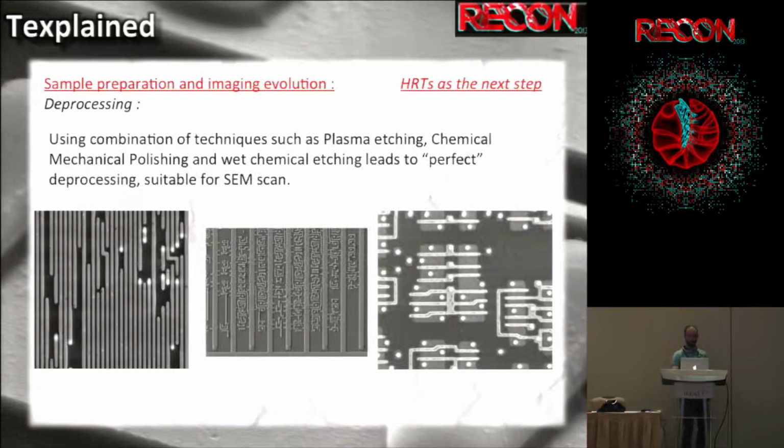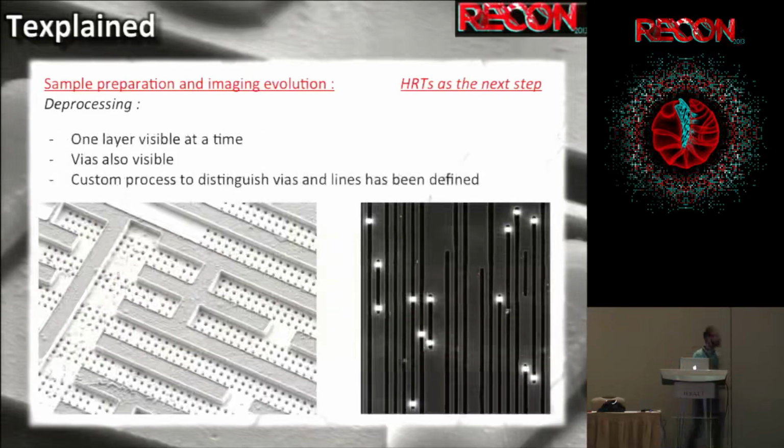And the thing is not so hard, in fact. We solved that problem by just removing the line. If you remove the line, you still have the via. The via will stay because, for example, you have aluminum lines and tungsten vias. So if you remove the aluminum, you still have the tungsten. And if you go to the SEM, on the right picture now, what do you see?